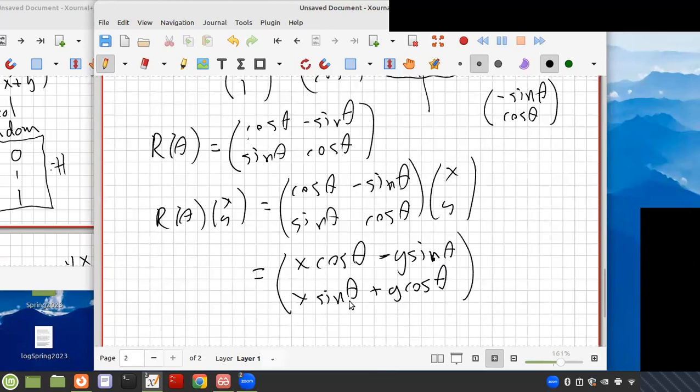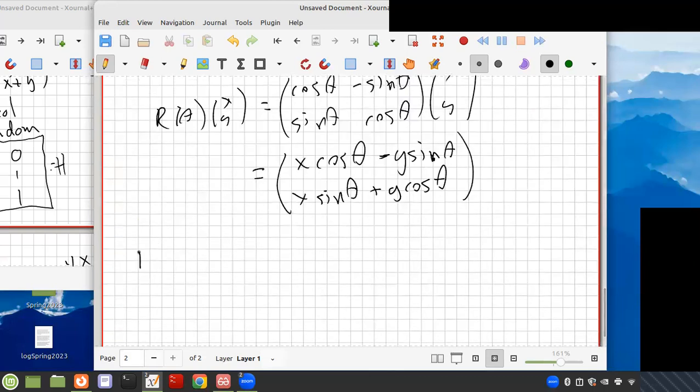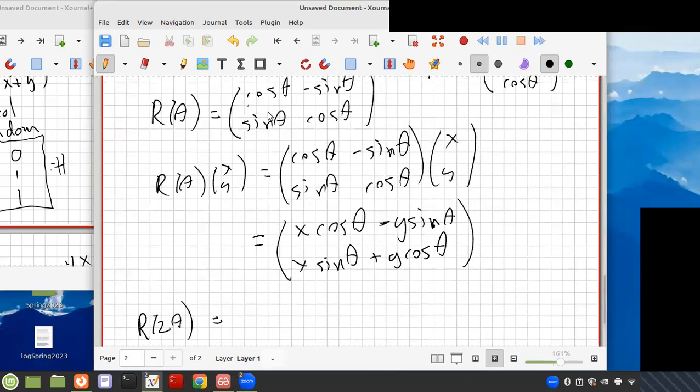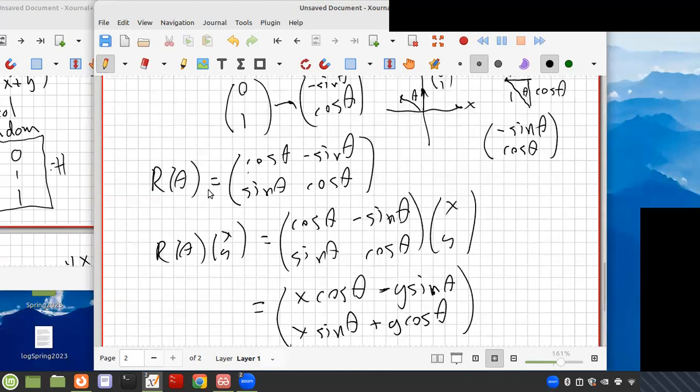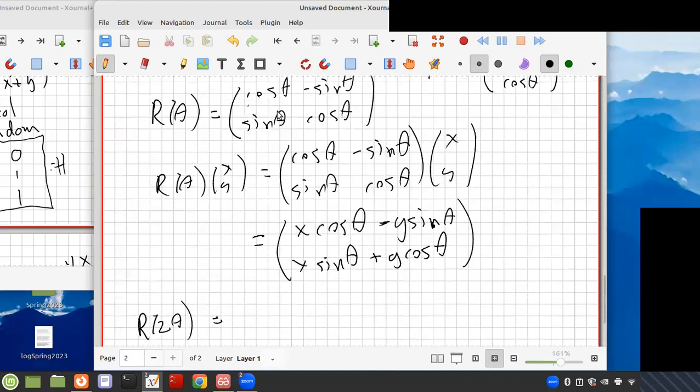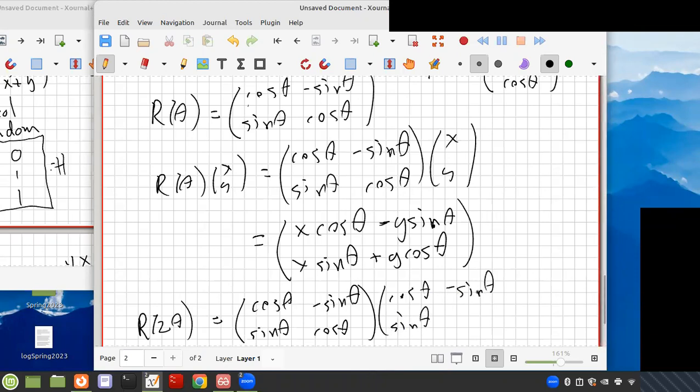So to do this geometrically is complicated, right? And you can also see what happens with the rotation by 2 theta. It is going to be the product of these two. So I could make the product of these two, cosine theta, minus sine theta, sine theta, cosine theta, times cosine theta, minus sine theta, sine theta, cosine theta, right?